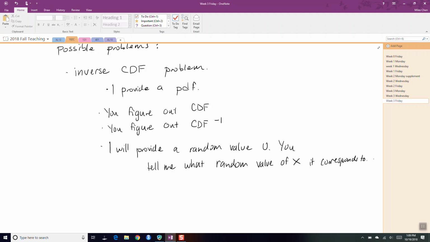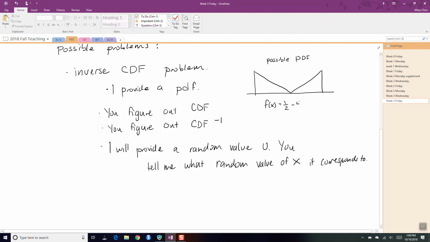Okay. For example, what if the PDF I give you, so this is a possible PDF, which is basically, this is not going to be the problem, okay?